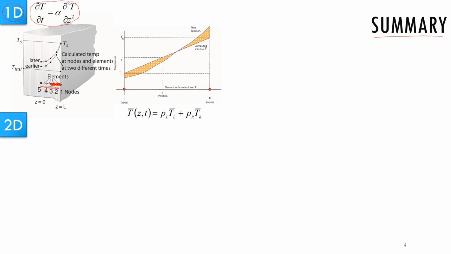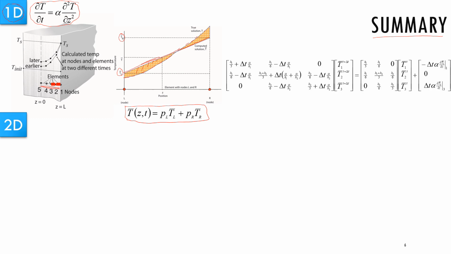Over one of the elements we use the interpolation function between the values that we're trying to estimate at the 2 nodes and the interpolated values in between. That's my solution, and the difference between the solution and the true solution is my error. We minimize the error to get the equations, and we got as many equations as the number of unknowns.